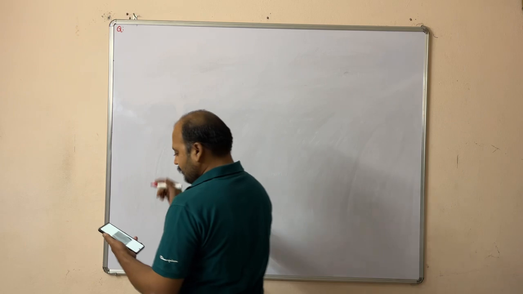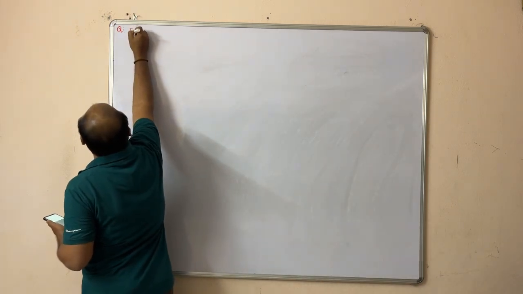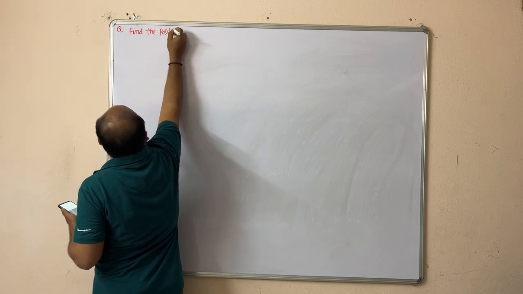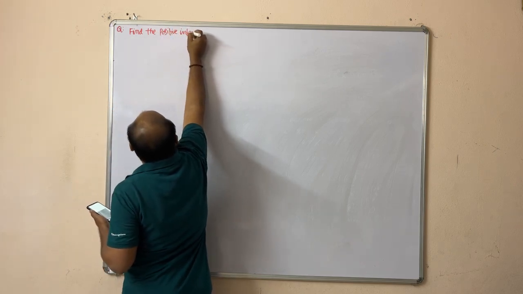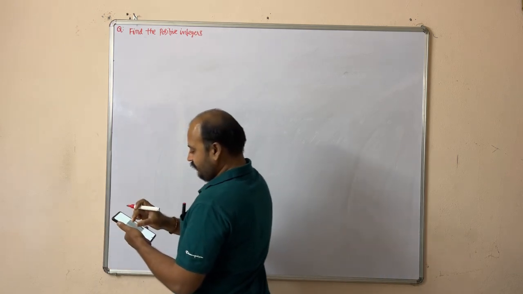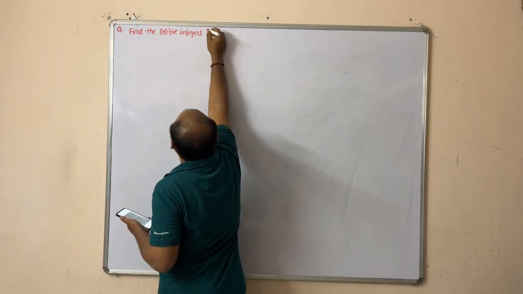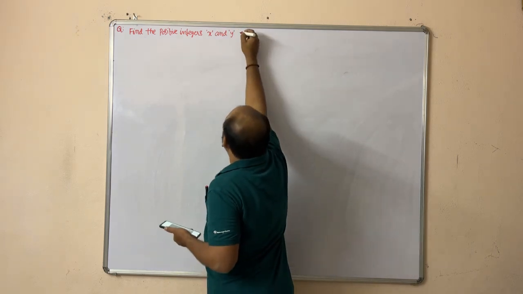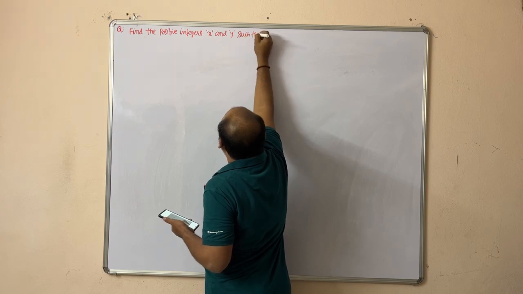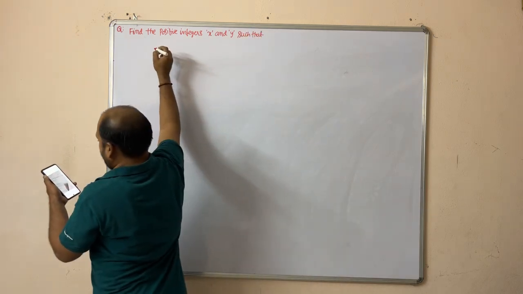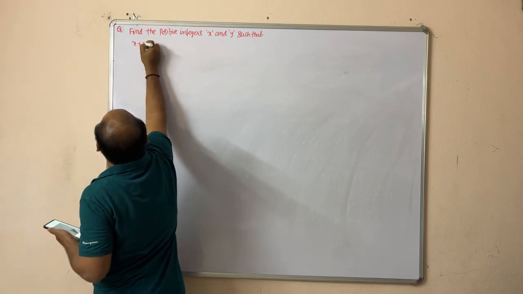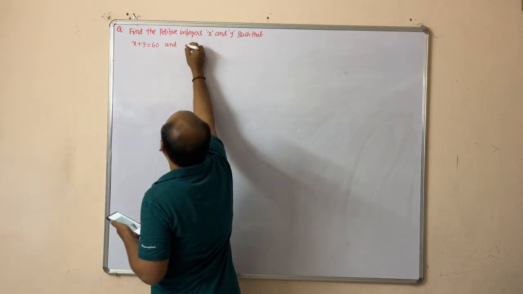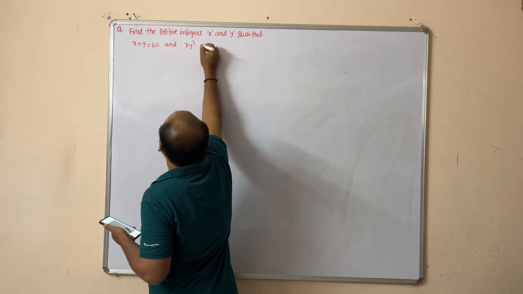The next question: find the positive integers x and y such that x plus y equal to 60 and xy cube is maximum.